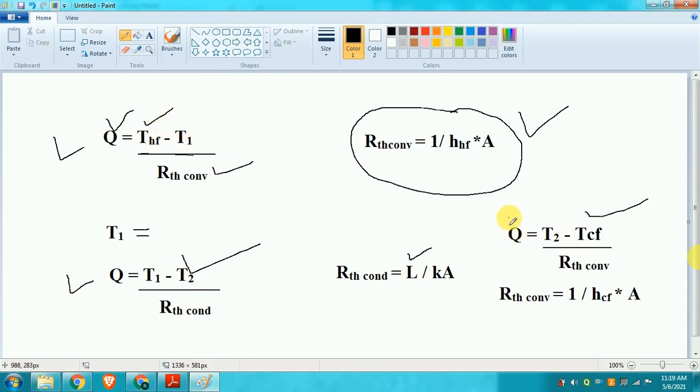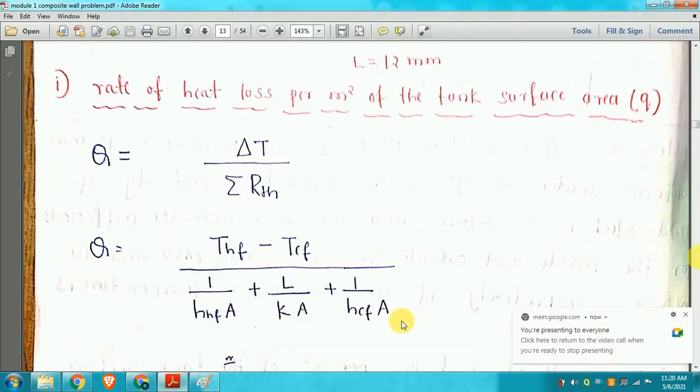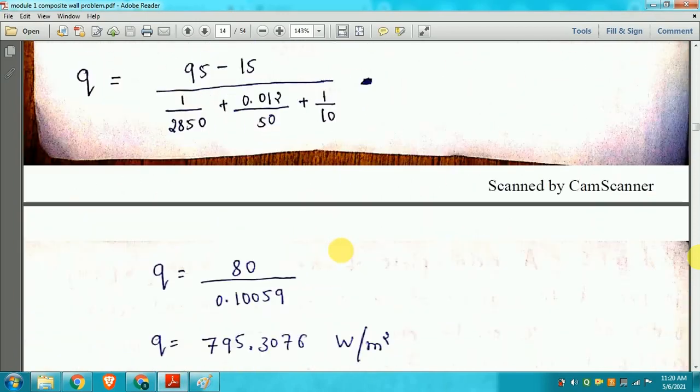Here already you know the value of Q, you know the value of TCF, you know the value of this RTH convection. By using this equation you can get it. So finally you can find out this value T2. I think that is the way you can find out the answer T2. Also you can find out T1. So using all the equations you can find out.